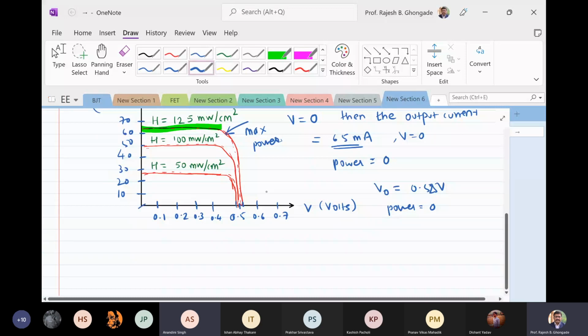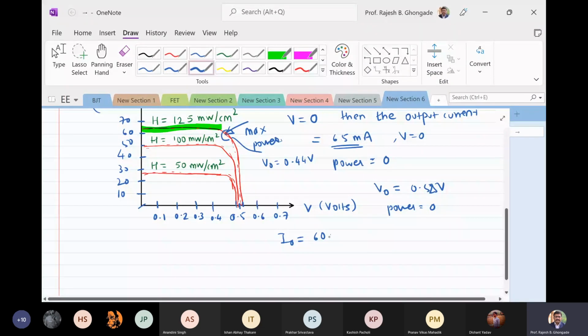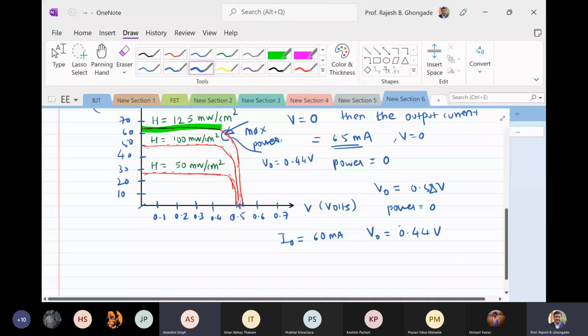At this knee point, the output voltage is nearly 0.44 volts, and the output current is nearly 60 milliamperes, as we have said, and the output voltage is 0.44 volts. So you can find out how much power it delivers.